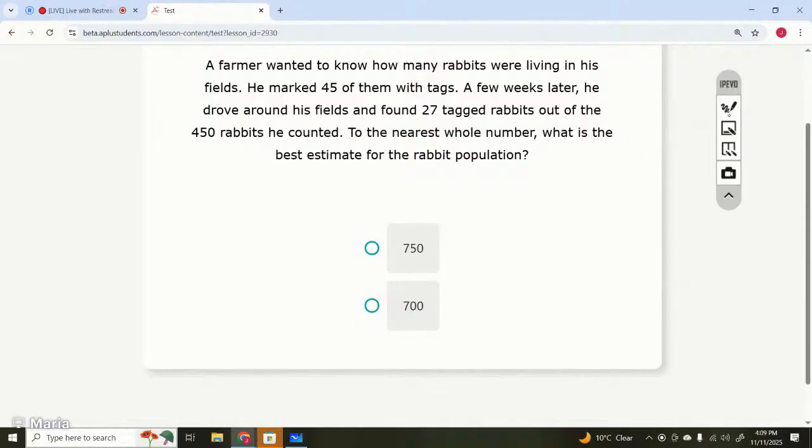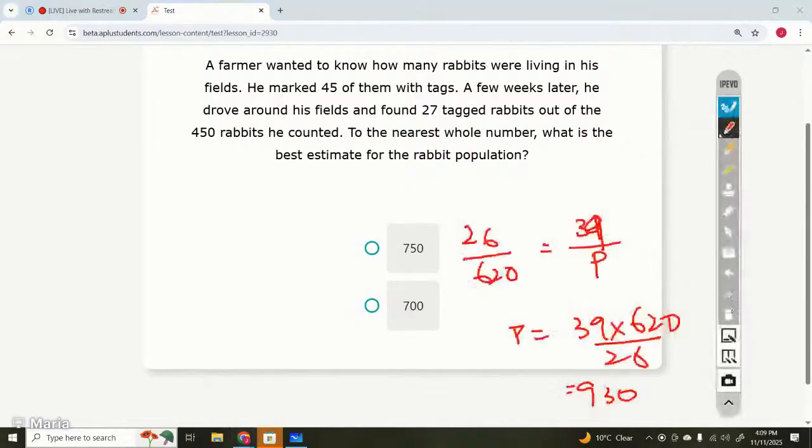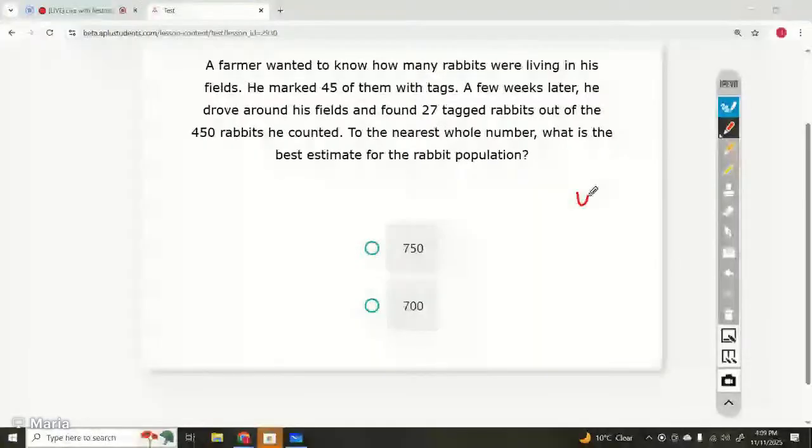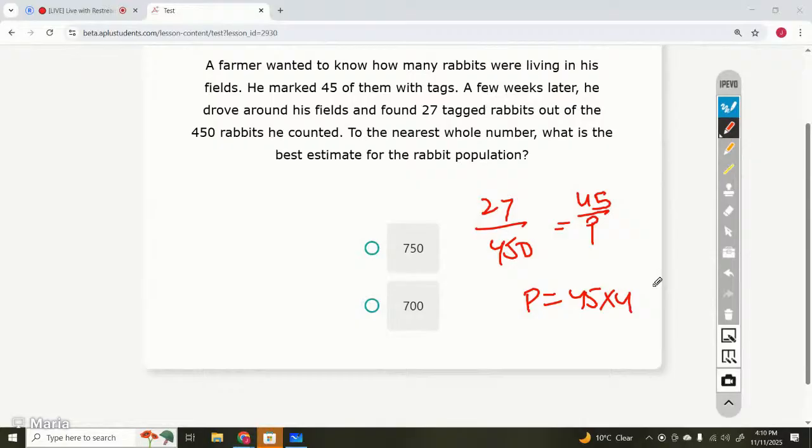So 45 of them are tagged out of the total population, and then 27 tagged rabbits found out of 450. So that is P is equal to 45 times 450 divided by 27. So let's just do the calculations. That is 450 times 45, 20,250 divided by 27. That is 750. That means 45 of them are marked out of 750.